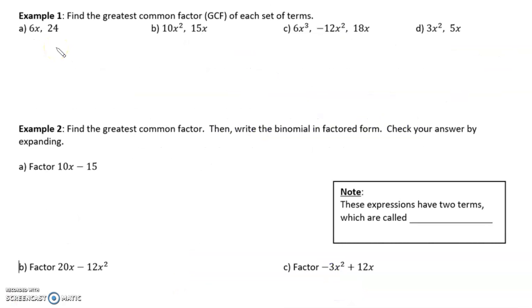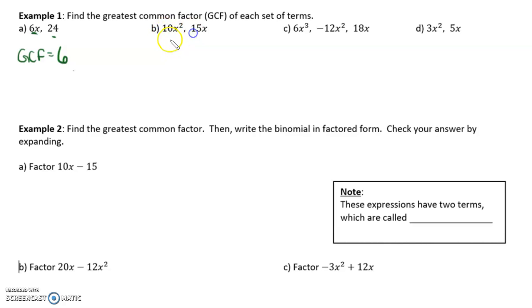So example 1, we're going to find the greatest common factor of each set of terms. Between 6x and 24, 24 doesn't have an x on it, so it's not going to include the x. But 6 and 24 both divide by 6, so the greatest common factor is just 6. That one's an easy one.